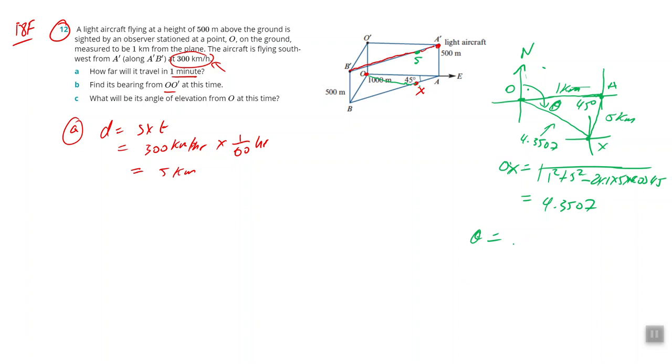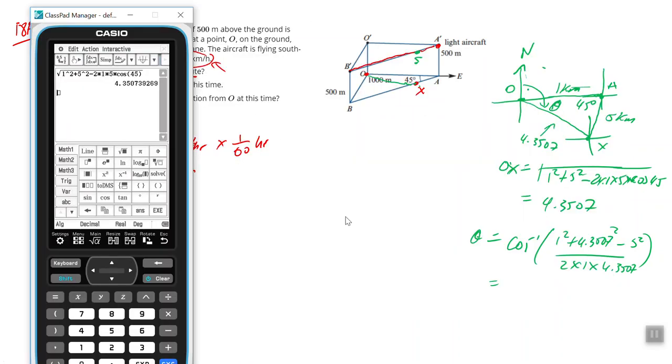So it's inverse cos of 1 squared plus 4.3507 squared minus 5 squared, divided by 2 times 1 times 4.3507. On the CAS calculator I'm going to use the whole value, so I'll do some copy and pasting.